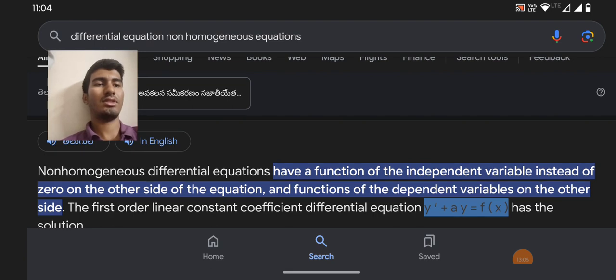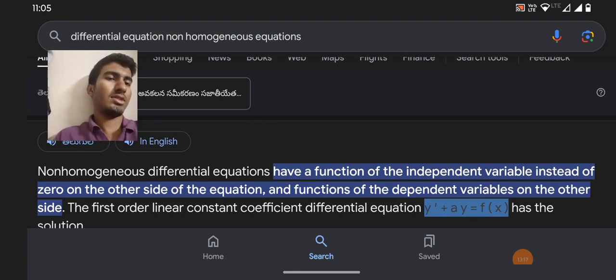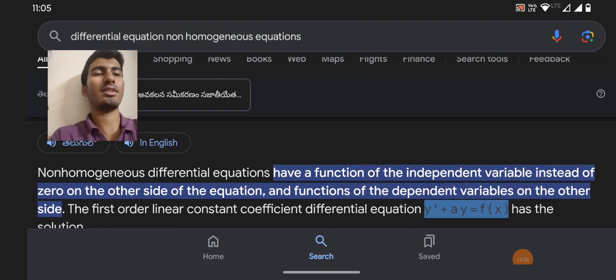Having a function of the independent variable instead of 0 on the other side of the equation means f(x) has an independent variable in the place of x.